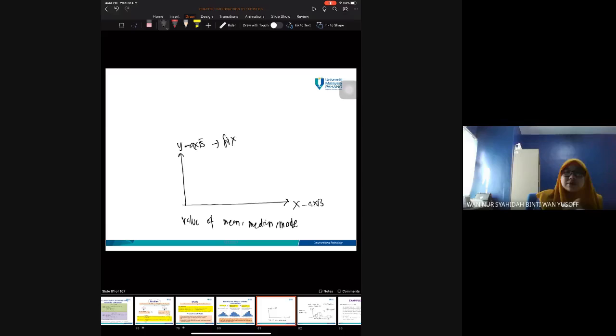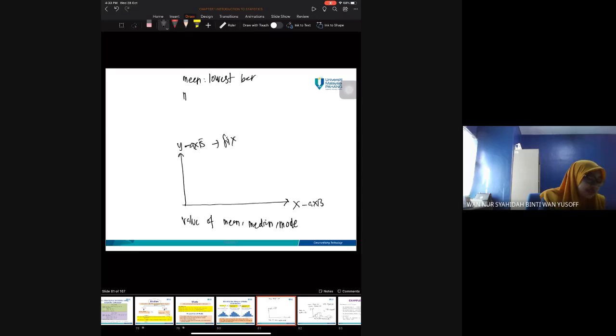So how about the y-axis? When you have the mean, it is fixed here, meaning the height of your bar. The mean here is always the lowest bar.